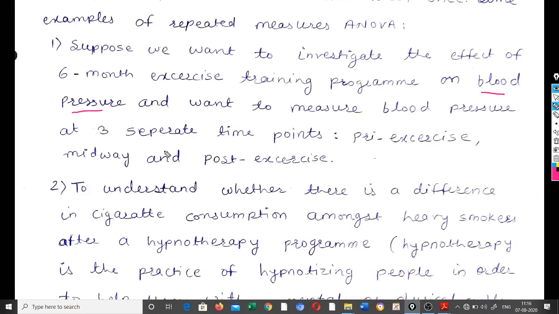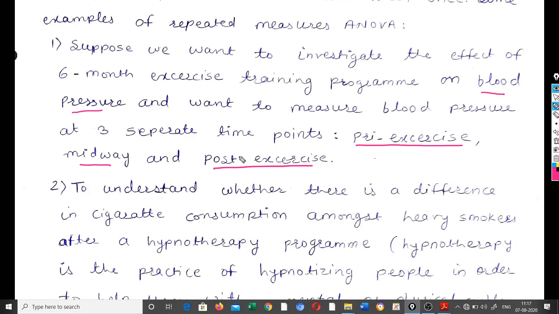And we want to measure blood pressure at 3 separate time points: blood pressure before exercise, pre-exercise, midway meaning after 3 months, and post-exercise meaning after 6 months. So the same individual is there and we are taking the blood pressure values at 3 time points.